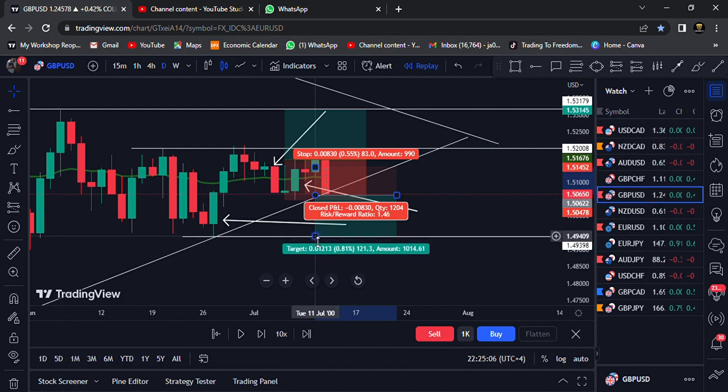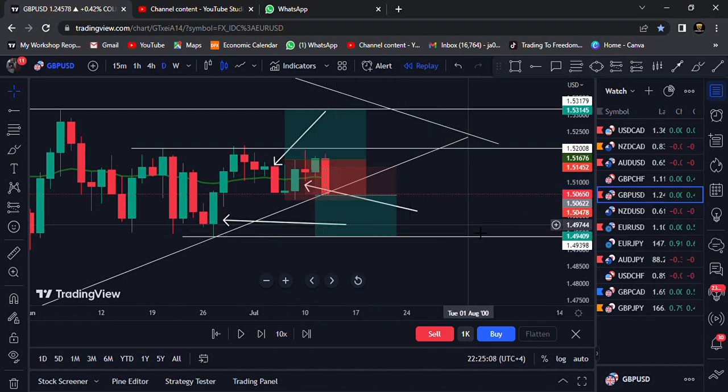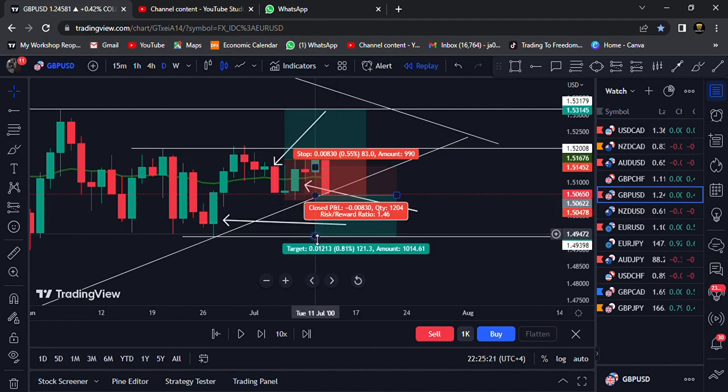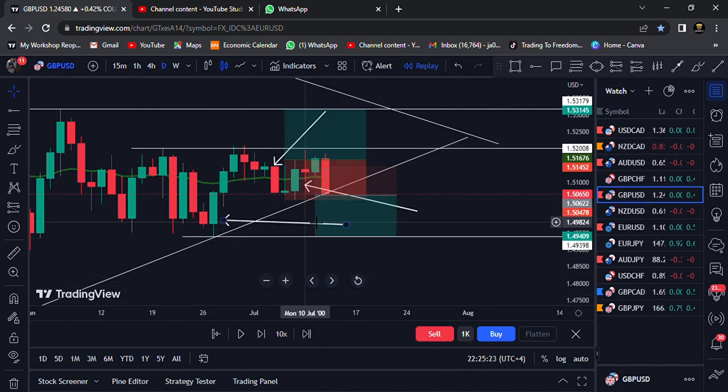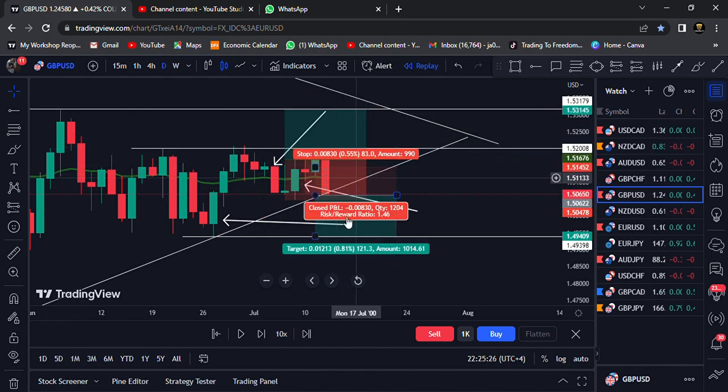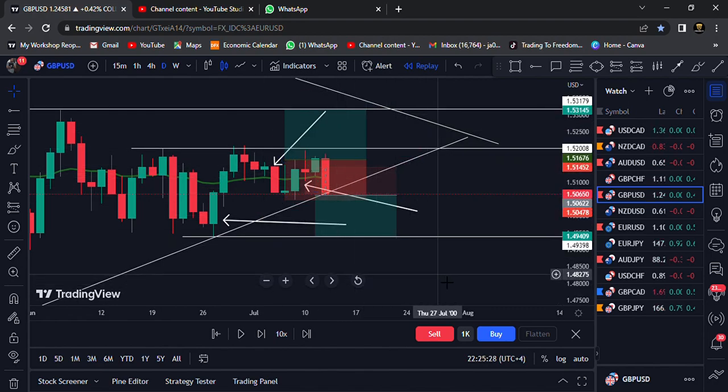anything can happen. So you either hedge at this point, because if the market breaks here and kicks your stop loss, then obviously it's gonna come down at least to this point, or break also. So the same thing that was supposed to happen here can happen in the opposite direction.